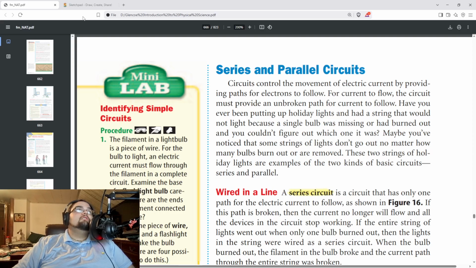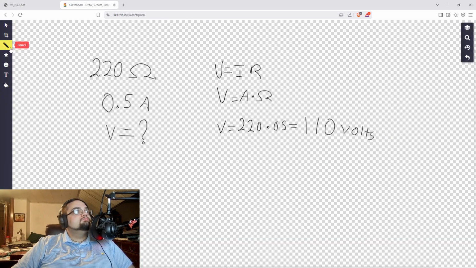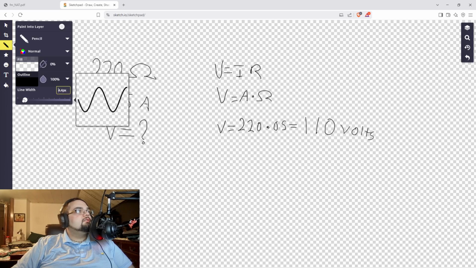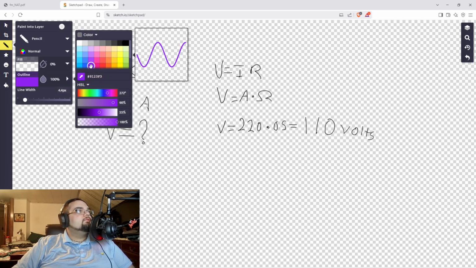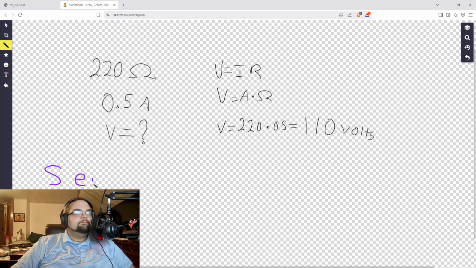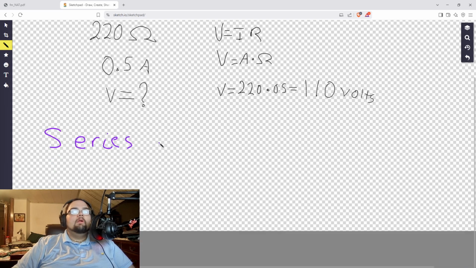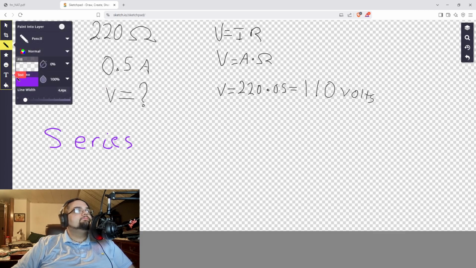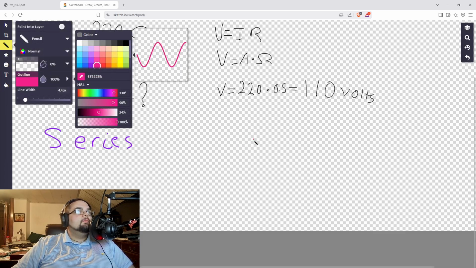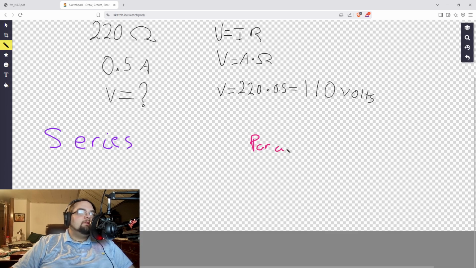There is the series circuit, and there is the parallel circuit.